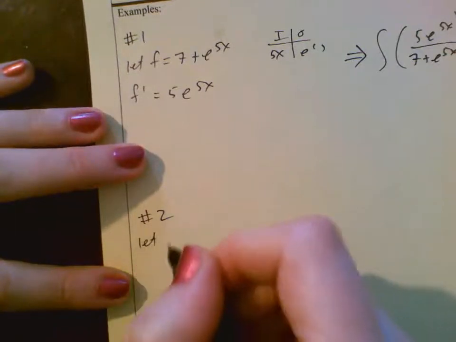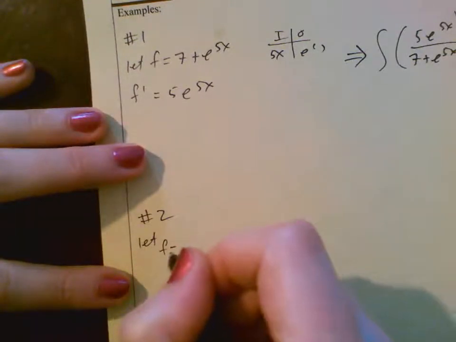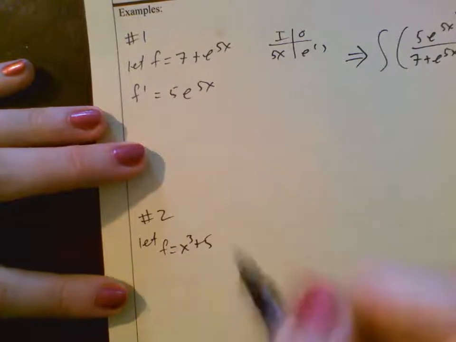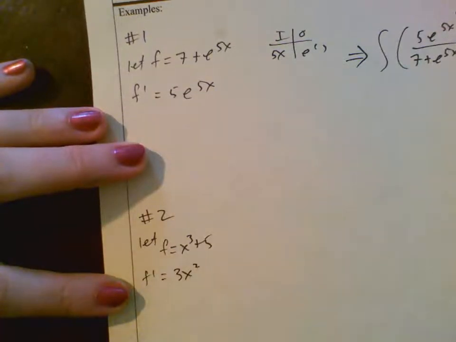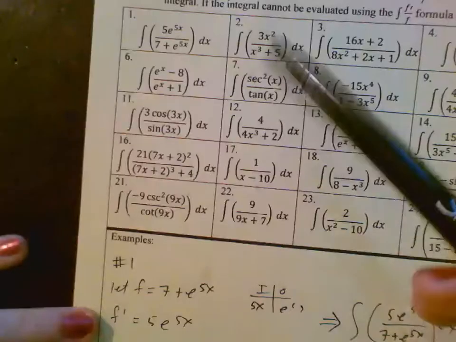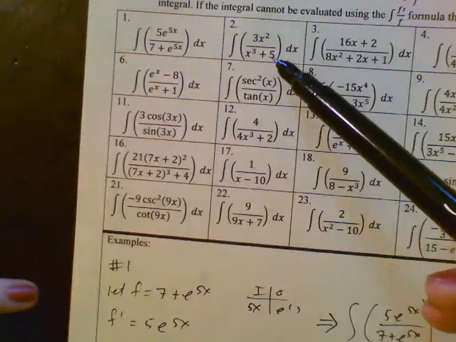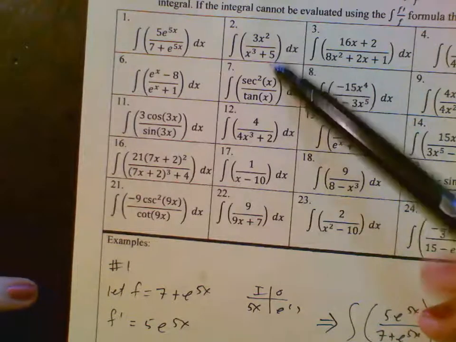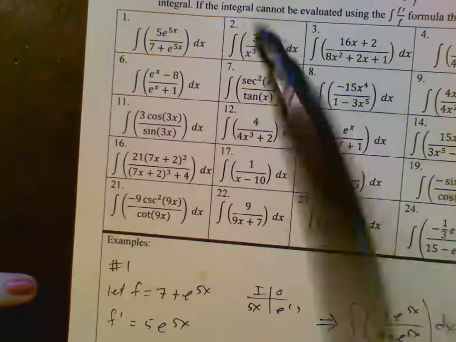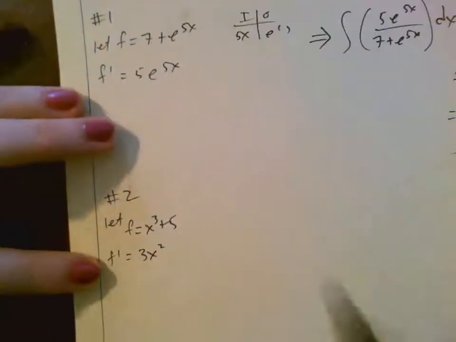All right, so I'm going to let f equal the denominator, and then I find f prime. And then I ask, is this f prime over f? This is f prime. If this is f, is that f prime? If the bottom is f, is the top f prime? Yes. Okay, so we do have it.